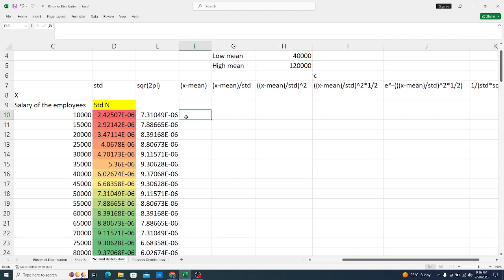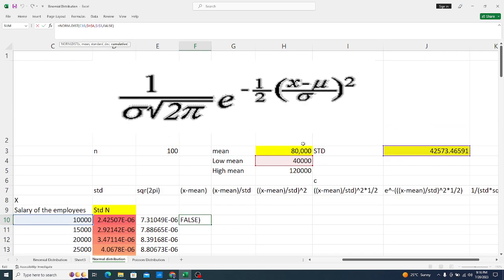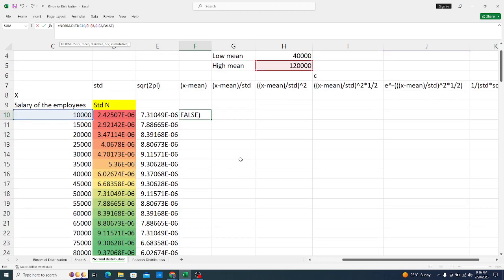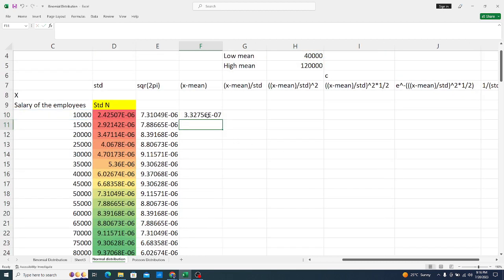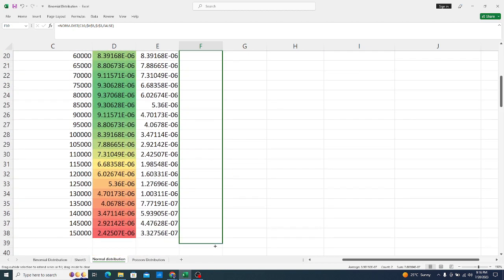So in this case, I can just copy this. I just want to be lazy, and then I will adjust this. Okay, I will adjust that, and then these will be our new probabilities.